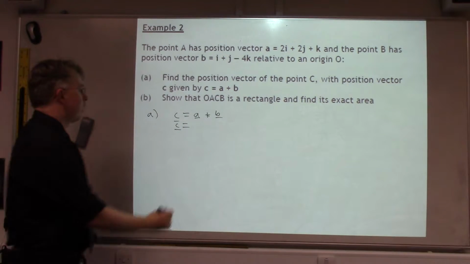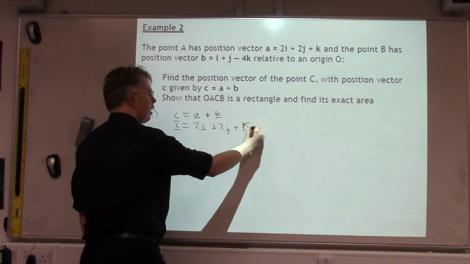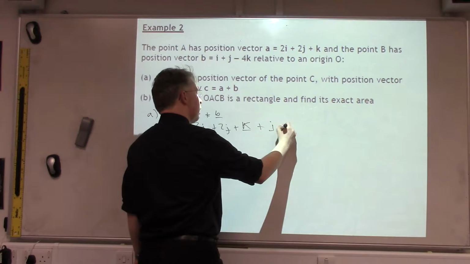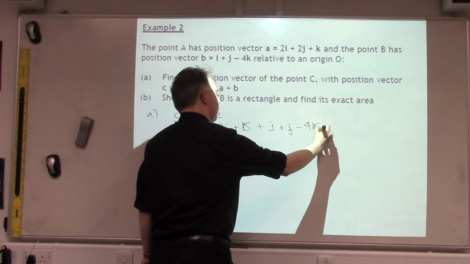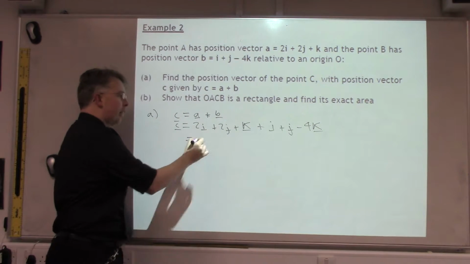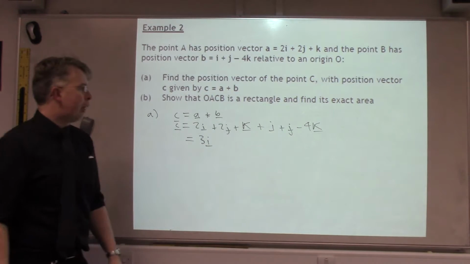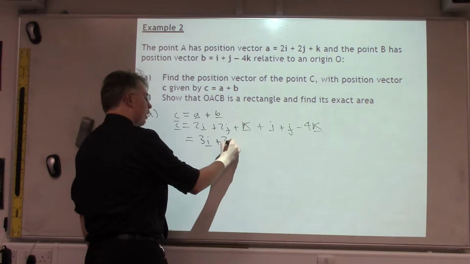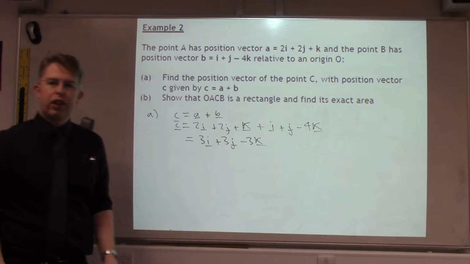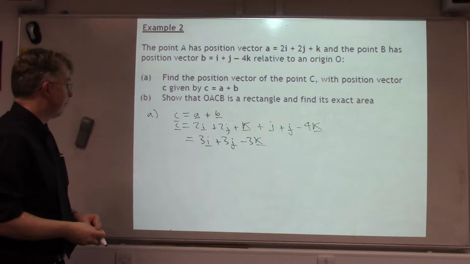Stick in the values: 2i plus 2j plus k plus i plus j minus 4k. Collect like terms: 2i plus i is 3i, 2j plus j is 3j, k minus 4k is minus 3k, and that's the vector C.